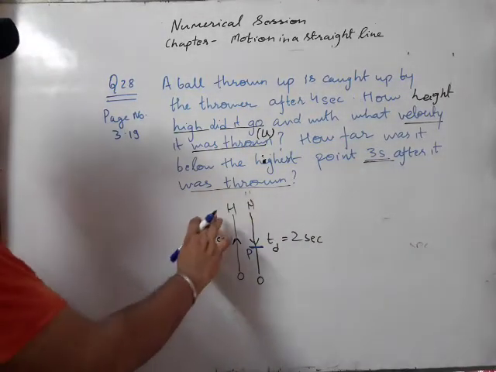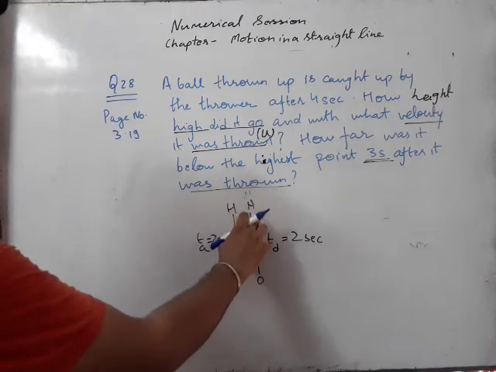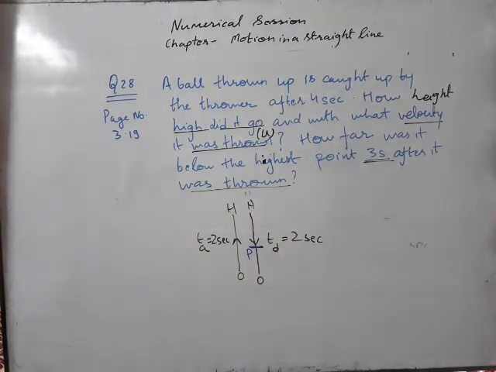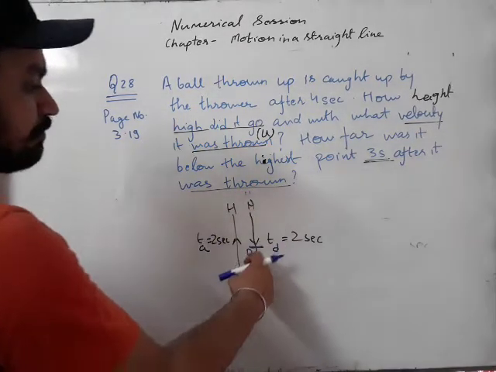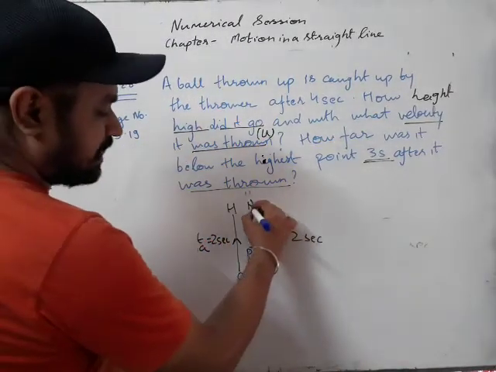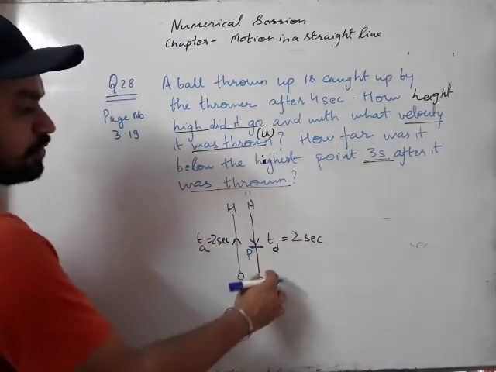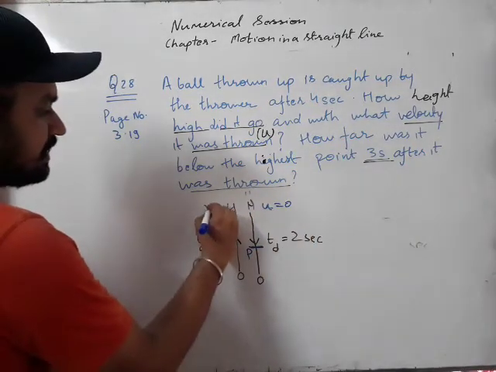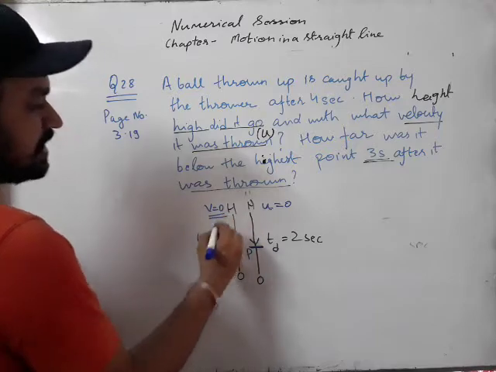From O to H, it reached the highest point. The highest point is at 19.6 meter. We have found out the height up to which it will rise in the last part. Now from H to P, we have to find out the distance. So for that, kindly notice that now the journey is from H downward. At highest point, the velocity is 0. For the upward journey, it was the final velocity, that was 0.